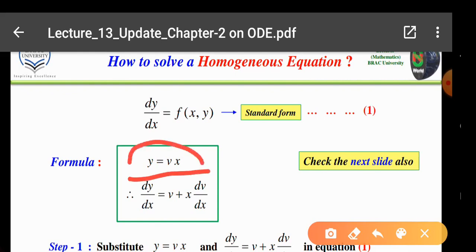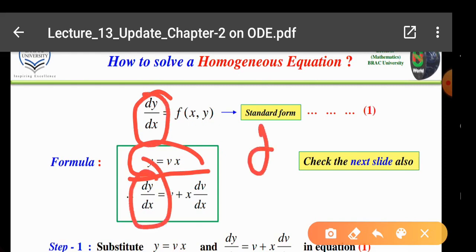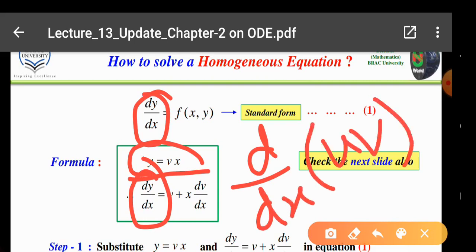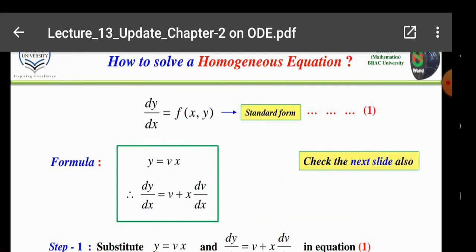Once we input y = vx, we have to find dy/dx by using the product rule of differentiation. You know what the product rule is? That is d/dx of uv. If we have this, then the result will be u d/dx of v plus v d/dx of u.